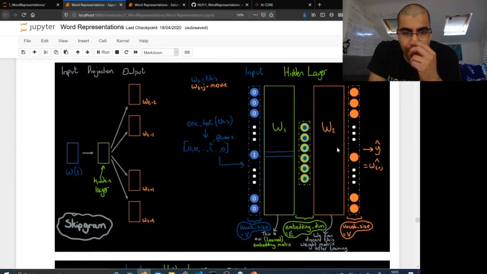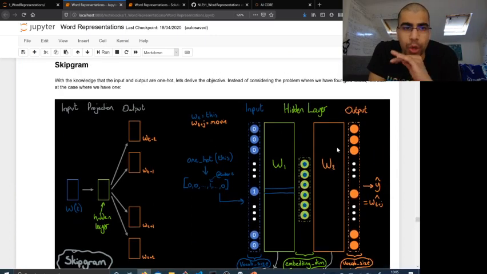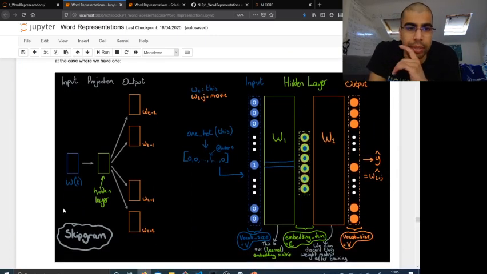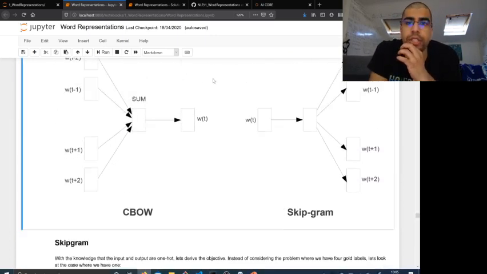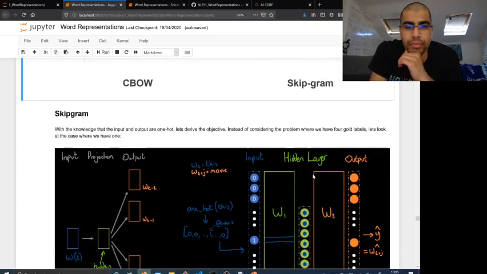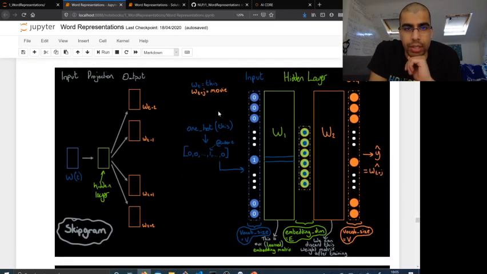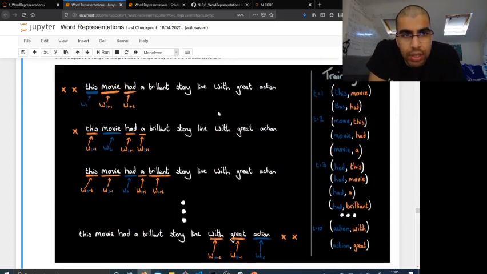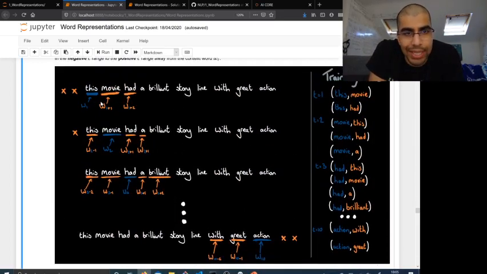Okay, so how are we actually going to code this up? This is the image that we just saw up here, just to put this into one image. We're going to consider WT to be "this", and WT plus J, when J is 1, to be "movie".